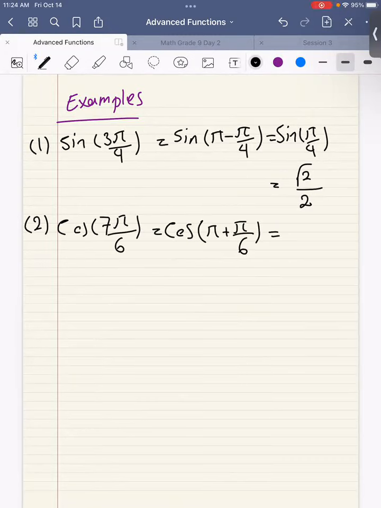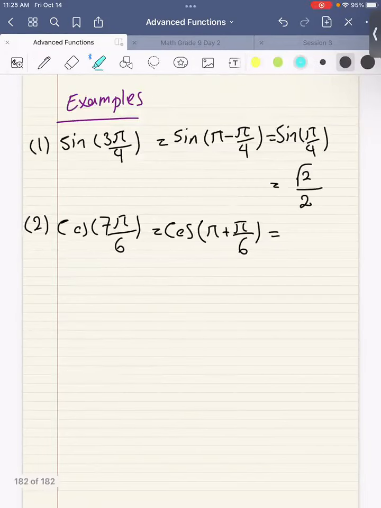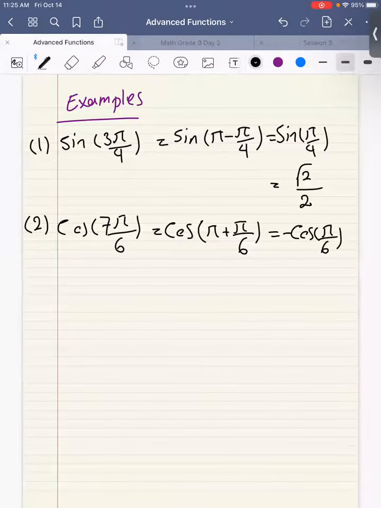So cosine of pi plus theta, you see it's here, is minus cosine of theta. So that's equal to minus cosine of pi over 6. So this is equal to minus square root of 3 over 2.